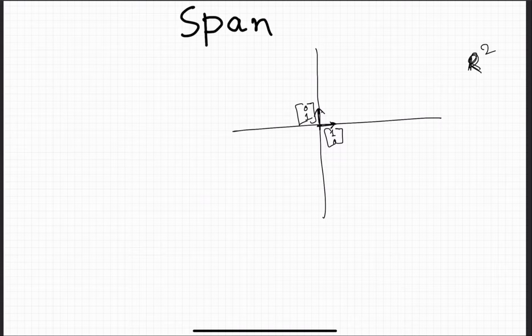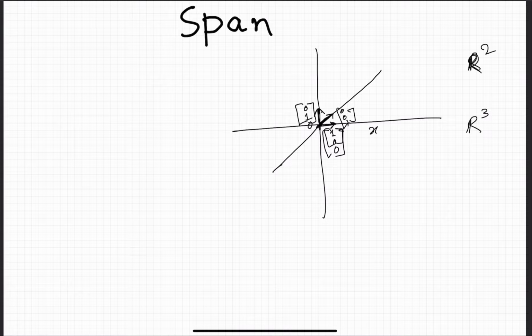Similarly, in a three-dimensional case, in R3, this would be 1 0 0, this would be 0 1 0, and this would be 0 0 1.